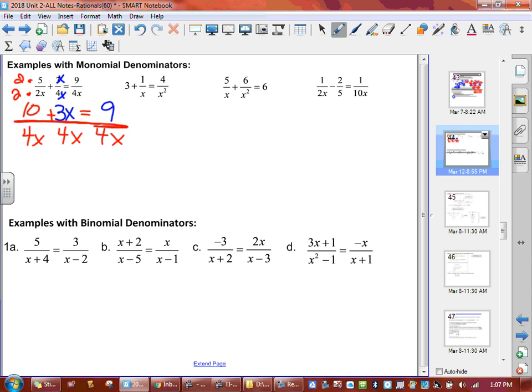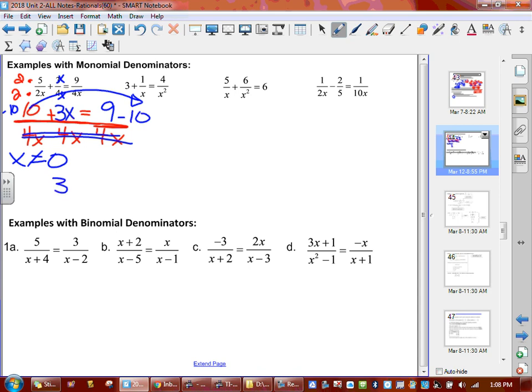Now we do non-permissibles. So non-permissible, then we wipe the bottom off. What's our non-permissible? 0. So x cannot equal 0, and now we don't have a bottom anymore. So now we're going to take our 10 to the right-hand side. How do I move a positive 10? Subtract it. Good. I'm going to subtract 10 from both sides.